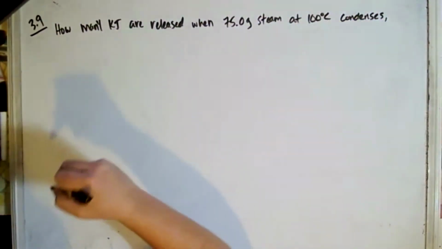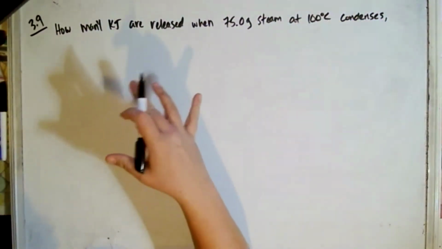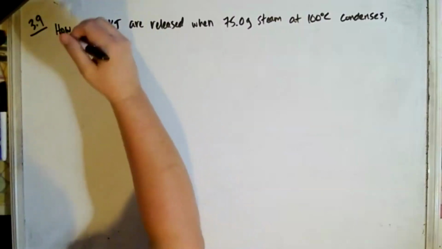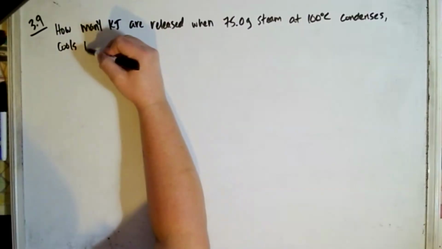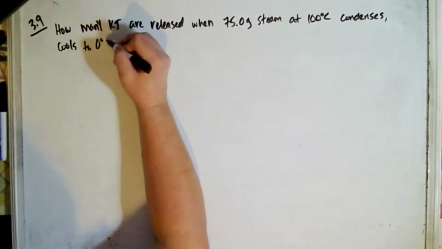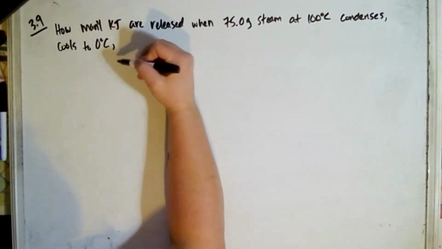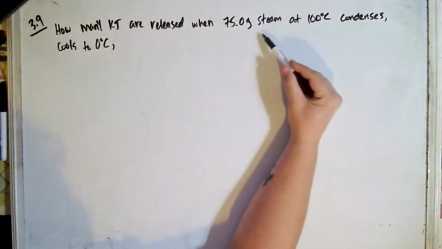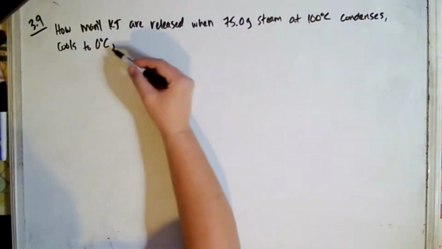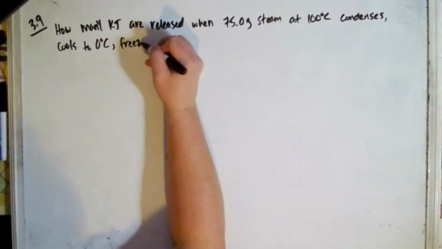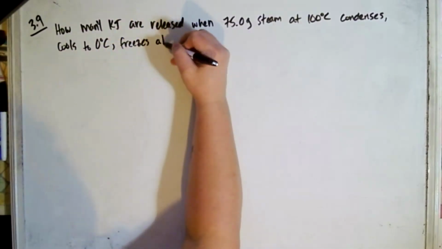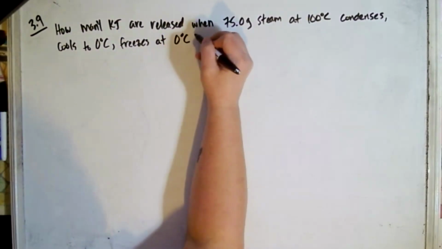This is very similar to the problem that we did earlier with the volcano's steam. In this question, the wording is a little bit friendlier though, because they're helping trace the process for you, telling you that the steam condenses, cools to 0 degrees Celsius, and then freezes at 0 degrees Celsius.